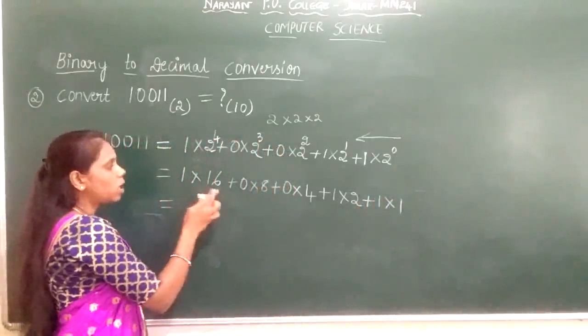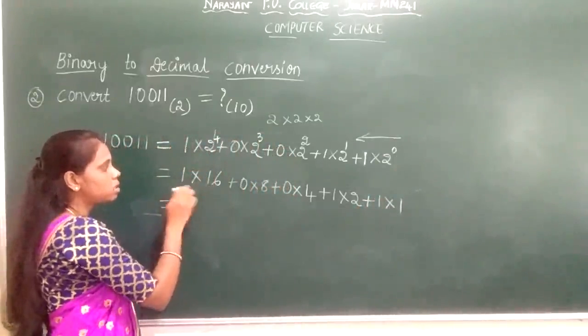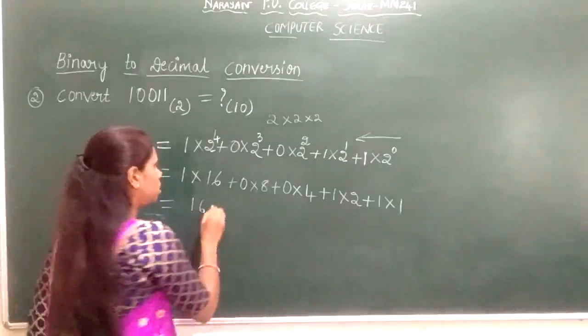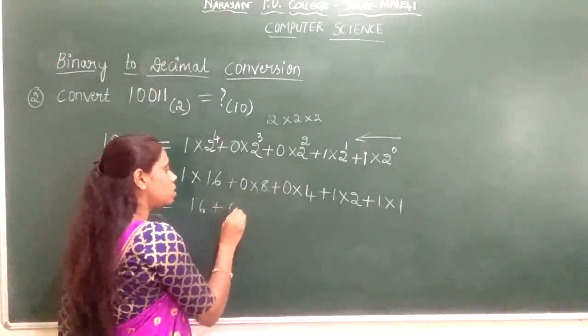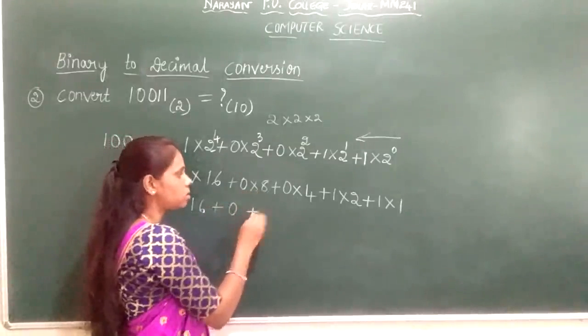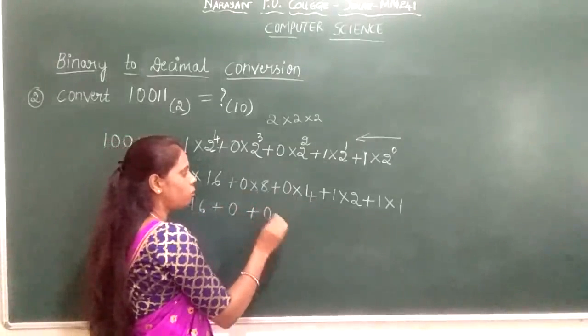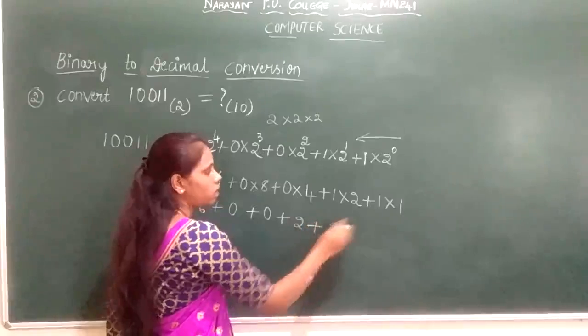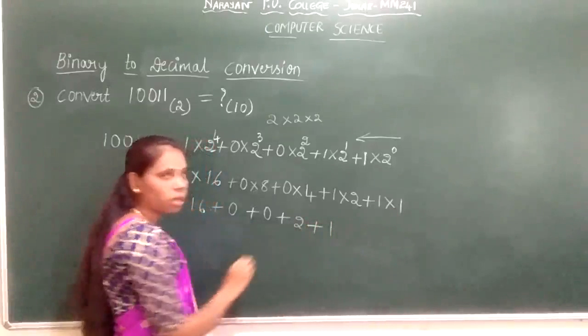Next multiply this. 16 into 1 is 16, plus 8 into 0 is 0, plus 4 into 0 is 0, plus 2 into 1 is 2, plus 1 into 1 is 1.